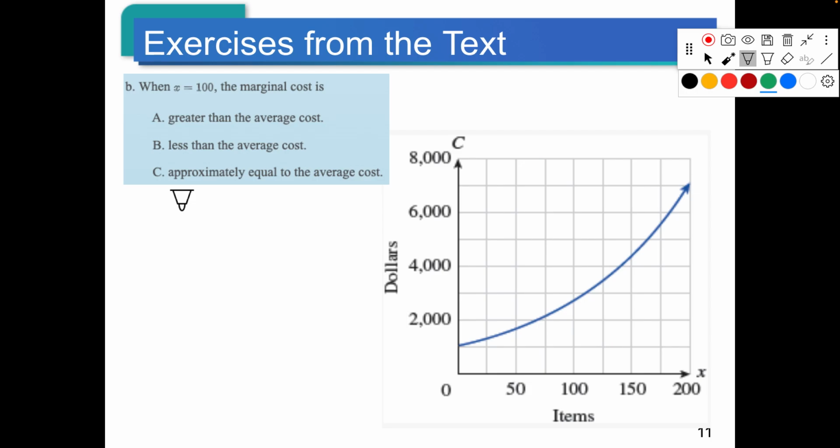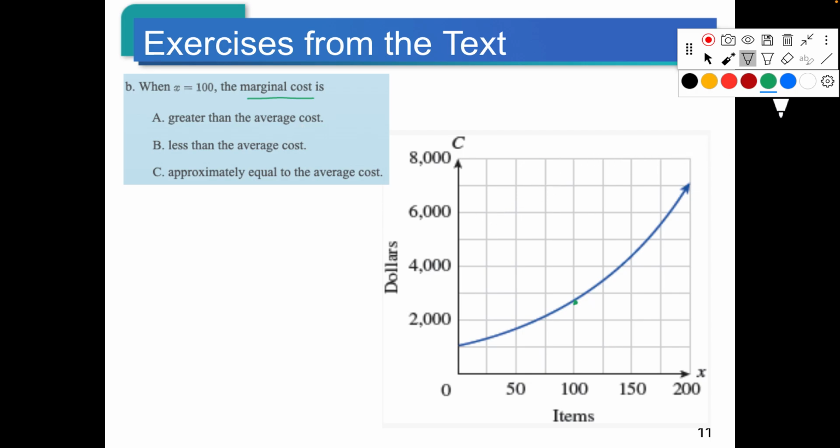Okay, now, when x is equal to 100, the marginal cost, so how do we do that one? Come to 100, what do we need at 100 to get the marginal cost? Instantaneous rate of change, which we can visually see from the tangent line, right?